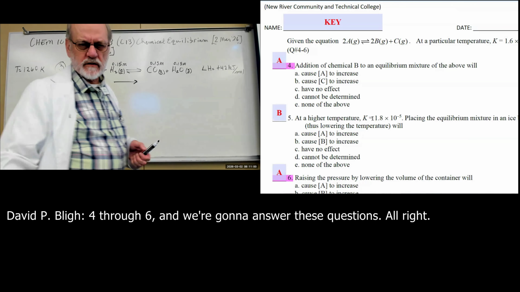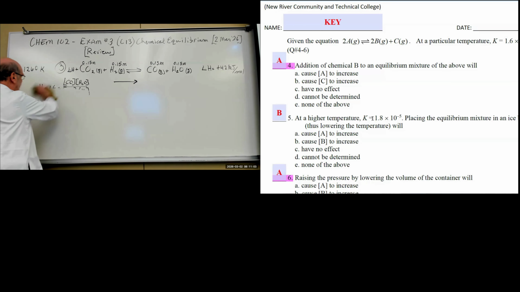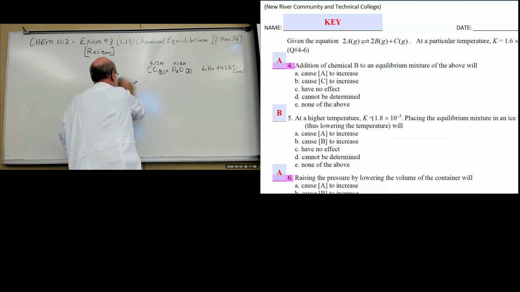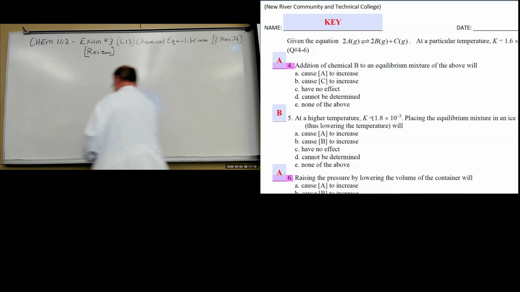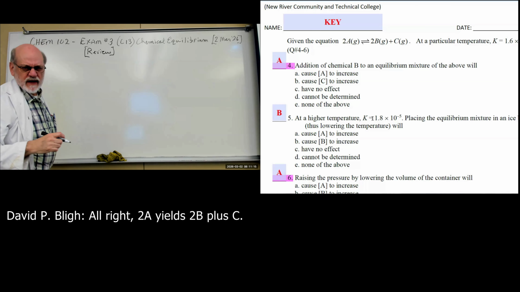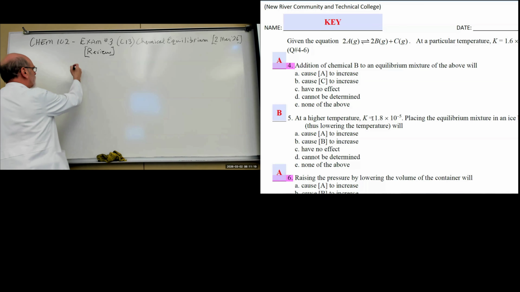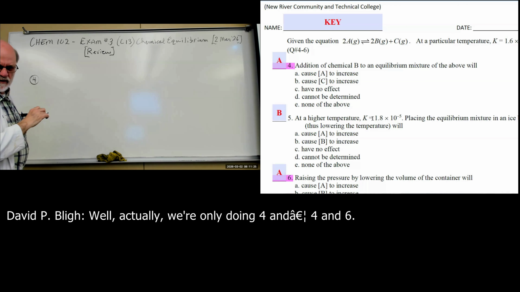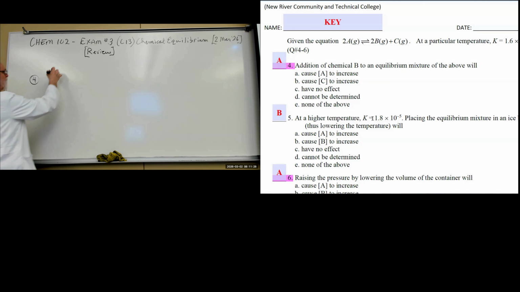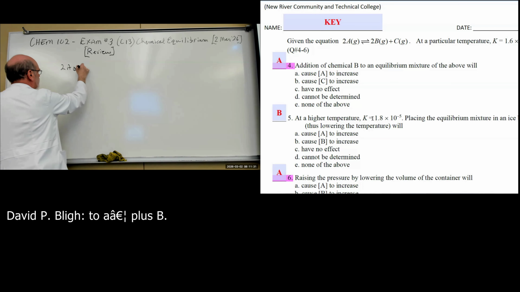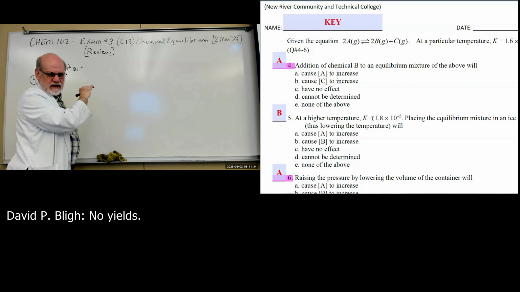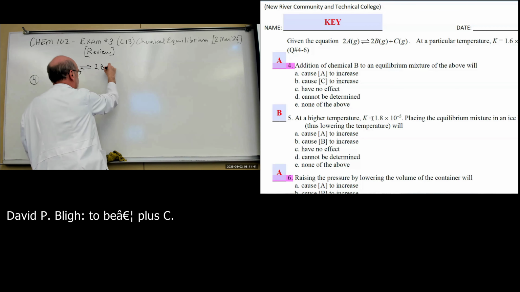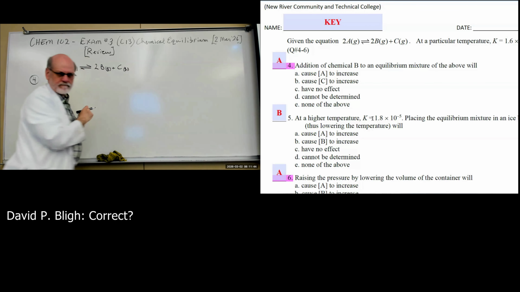We're going to answer these questions. 2A yields 2B plus C. Well, actually, we're only doing 4 and 6. 2A plus B, no, yields 2B plus C. Correct?